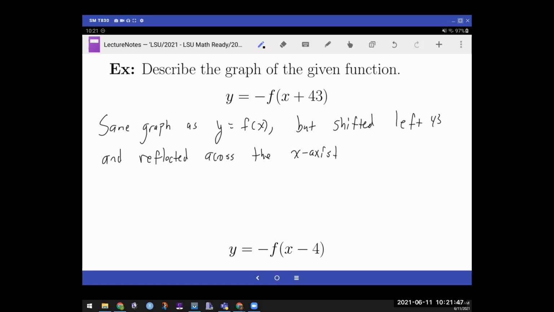In other words, if it were shaped like this, now it's been reflected across the x-axis, so it's down here. Two things: the plus 3 and the negative in the front.